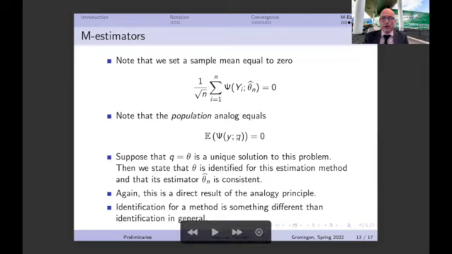Because we know that the unique solution of the population relationship is this real value theta, the solution of the sample version should also converge to theta. So under this condition, that q equal to theta should be the unique solution of this problem, that is the main criterion that we need for consistency of this theta hat.